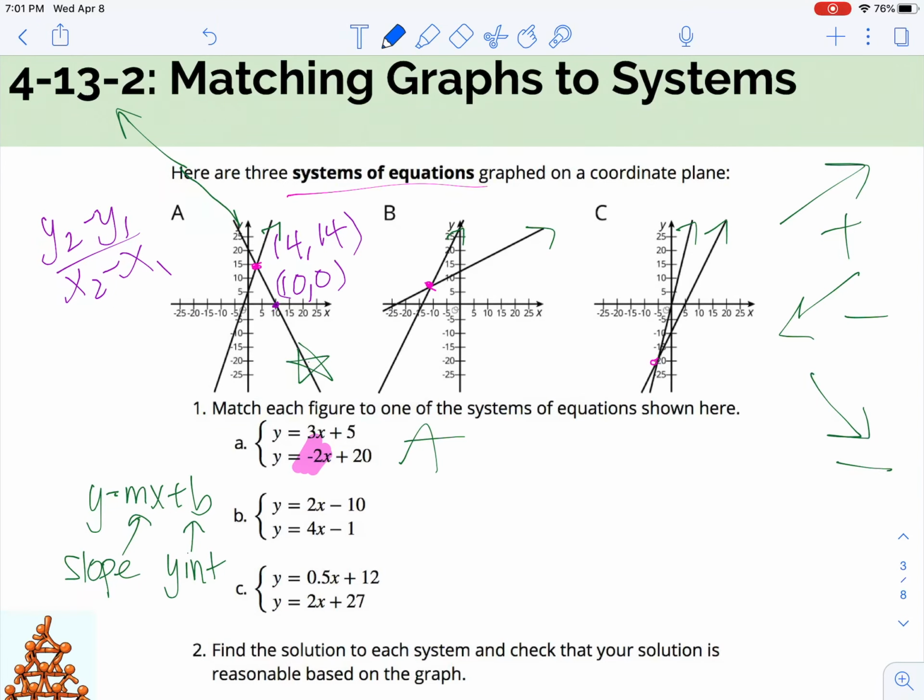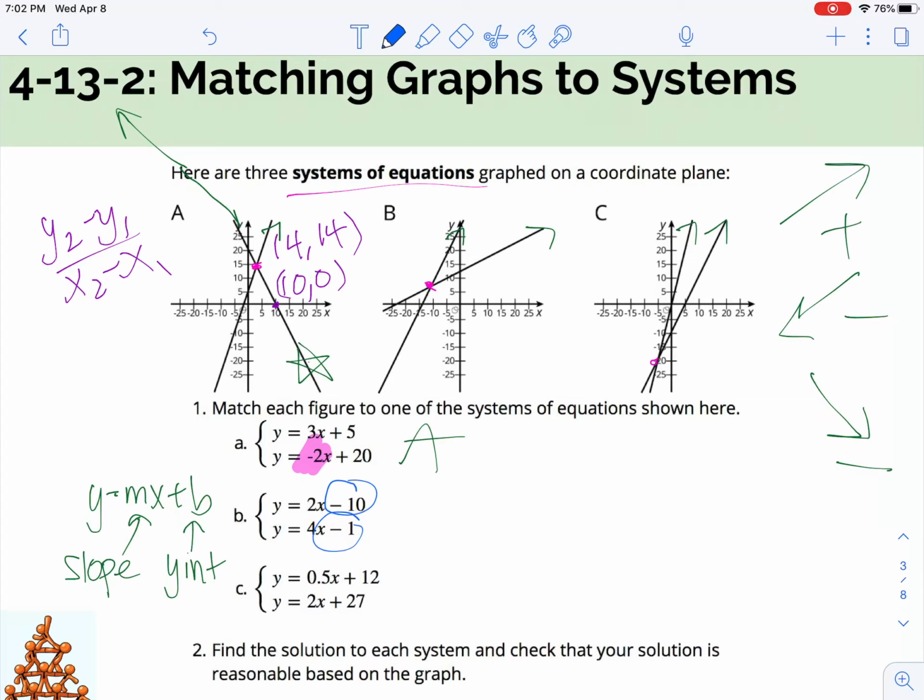I could look and say, this is my y-intercept. Why is it drawing weird straight lines? Although that's cool, that's not what I want. Okay, -10, -1. Those are my y-intercepts. So then I just look at the graphs and look for a line that crosses at those two y's.